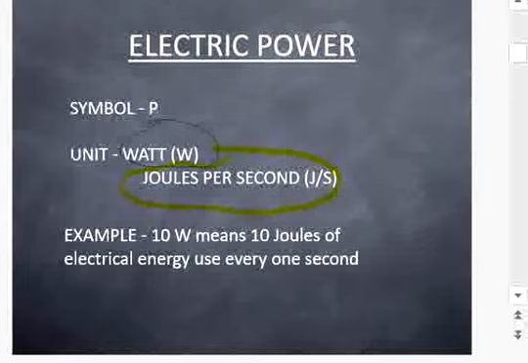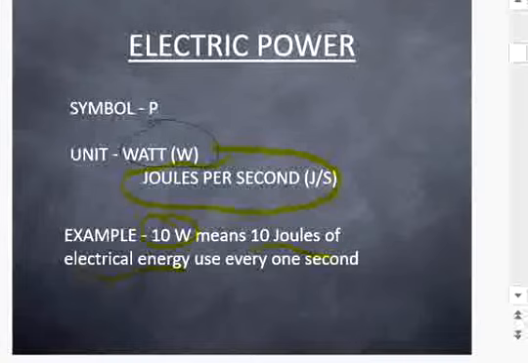Let's take an example. If we have electrical power of 10 watt, what does it mean? 10 watt means 10 joules of electrical energy used every 1 second. So that is what it means.